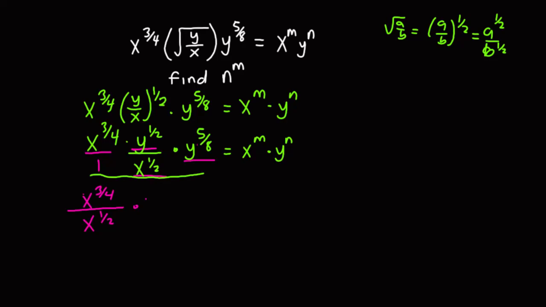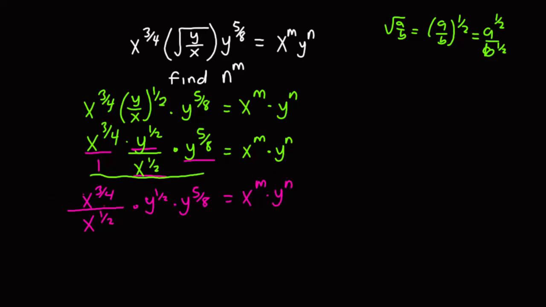Remember, they are multiplying. So this is going to give me y exponent half times y exponent 5 on 8. Remember, this is equal to x exponent m times y exponent n.